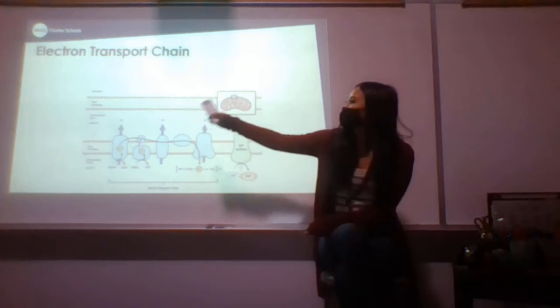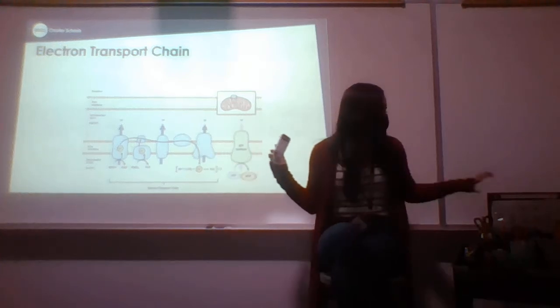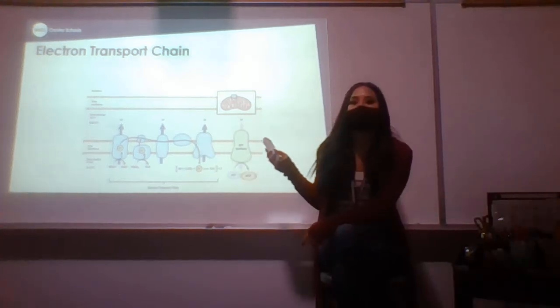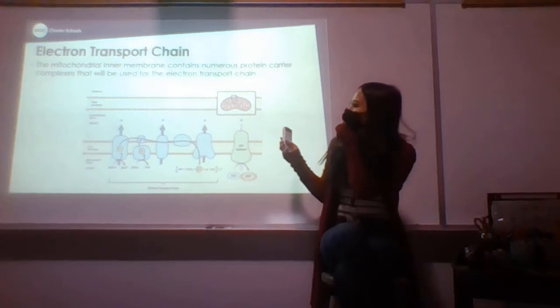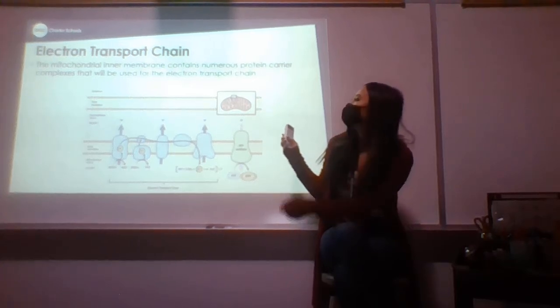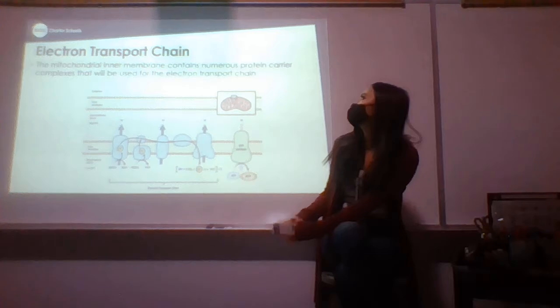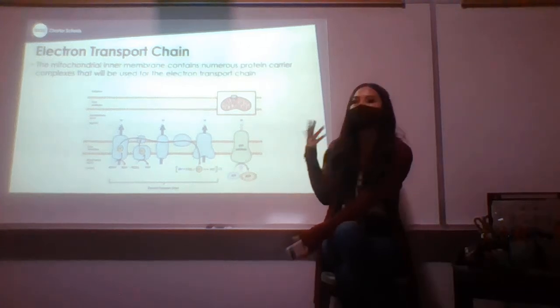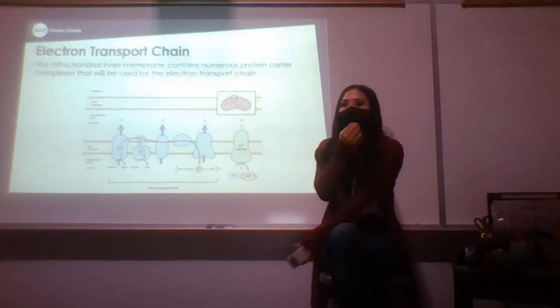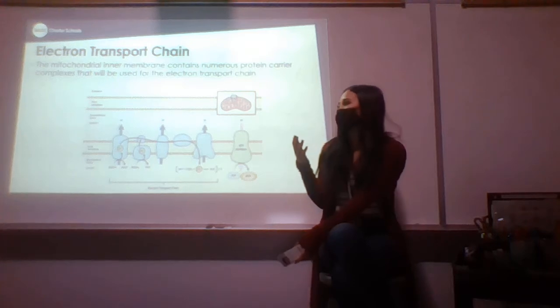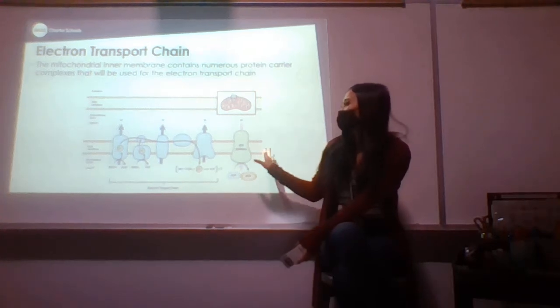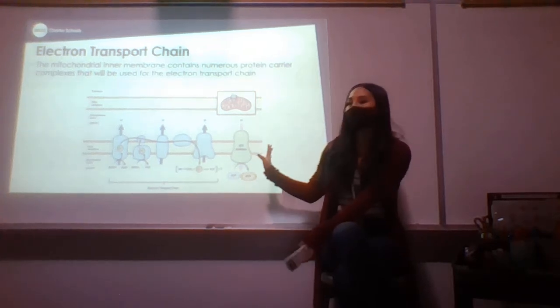So this is a picture of it. You guys should have this in your diagram, I think, in the packet that I gave you. But basically, the mitochondrial inner membrane contains numerous protein carrier complexes. Remember when we talked about the different types of cellular transport? We talked about how it's basically the fluid mosaic model.